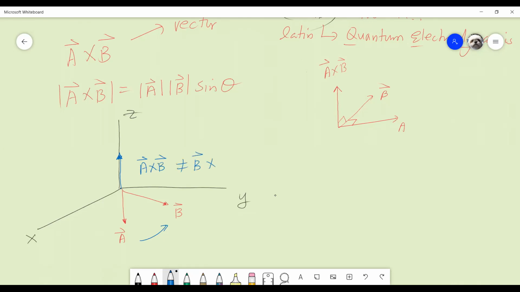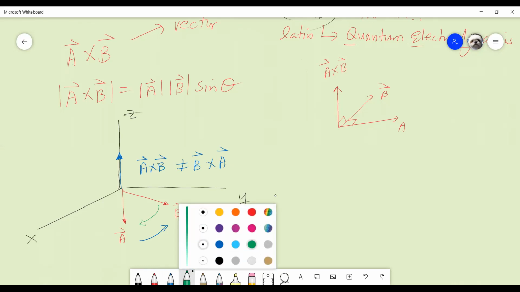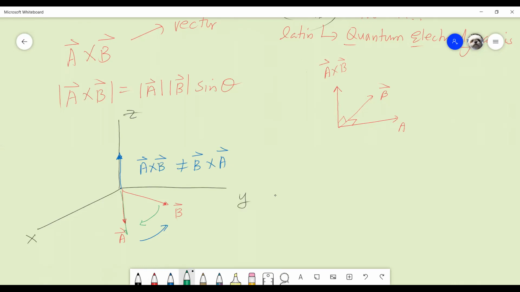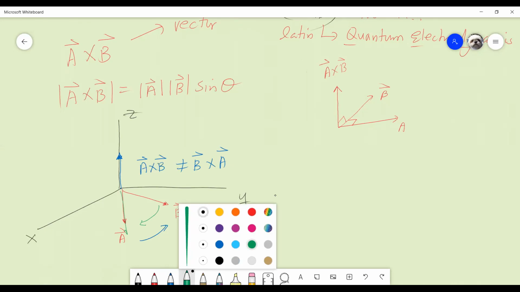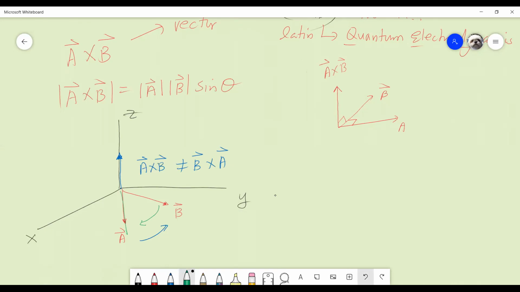So as you see, A cross B is not equal to B cross A. Why? Now if you have B cross A, you're going to swap it around that way. So the direction of B cross A will be the opposite direction, and here will be my B cross A. You understand what I mean? Yes.